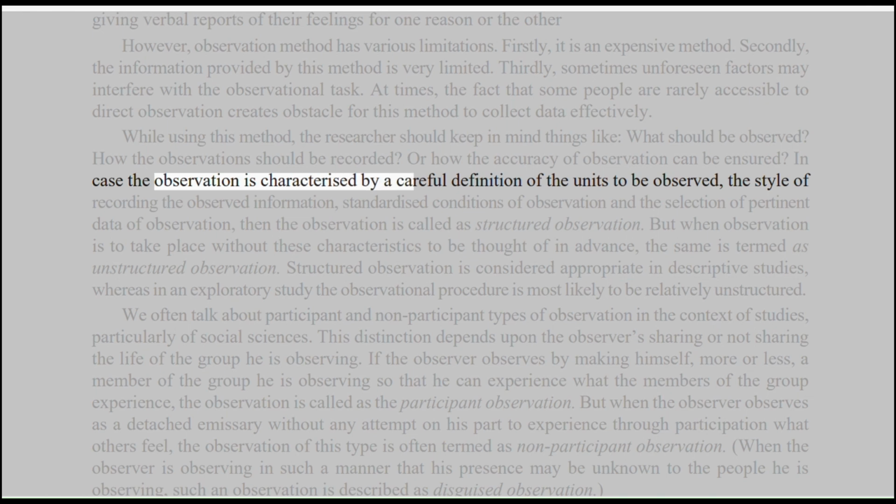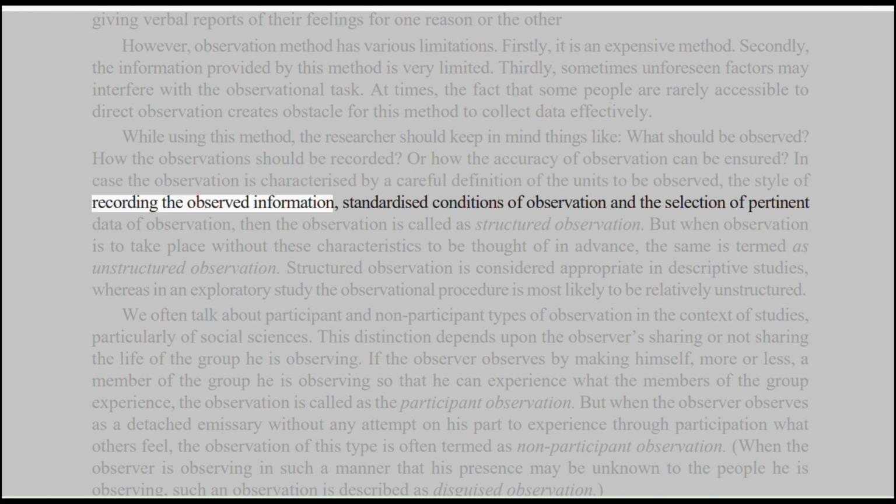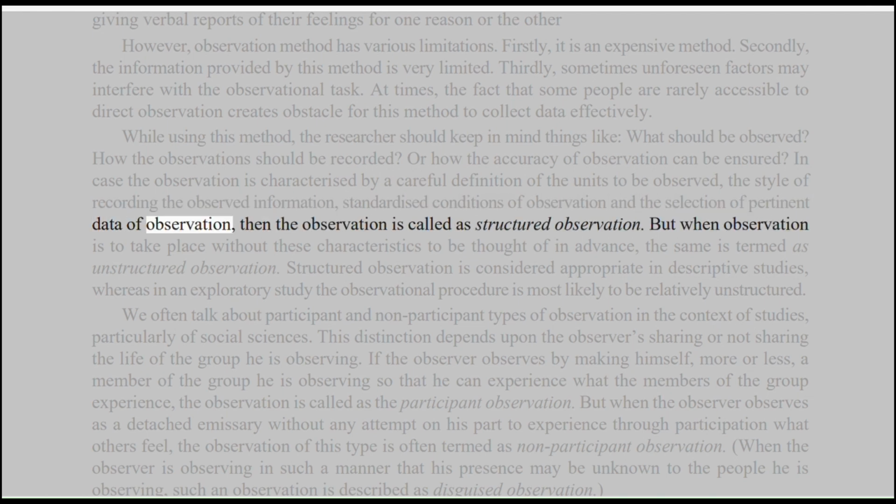In case the observation is characterized by a careful definition of the units to be observed, the style of recording the observed information, standardized conditions of observation, and the selection of pertinent data of observation, then the observation is called structured observation.